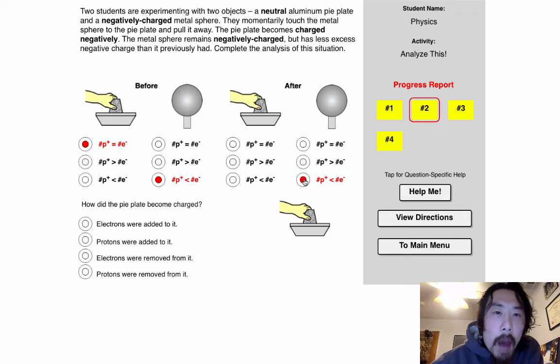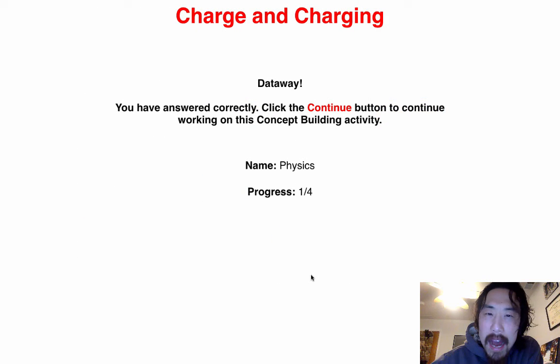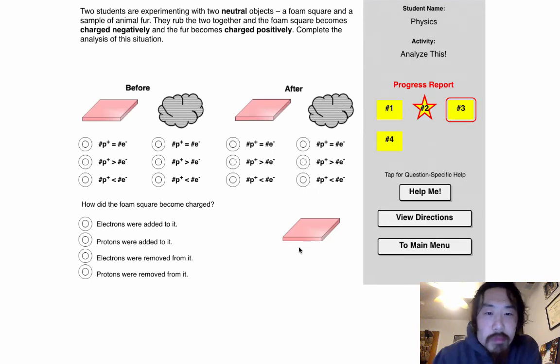But remember, it had a lot of negative charges, and it gave away some of that negative charge to the plate, so the plate gained negative charge. How did the pie plate become charged? Because the negative charges from the sphere jumped onto the plate. I still got it. All right, one more.